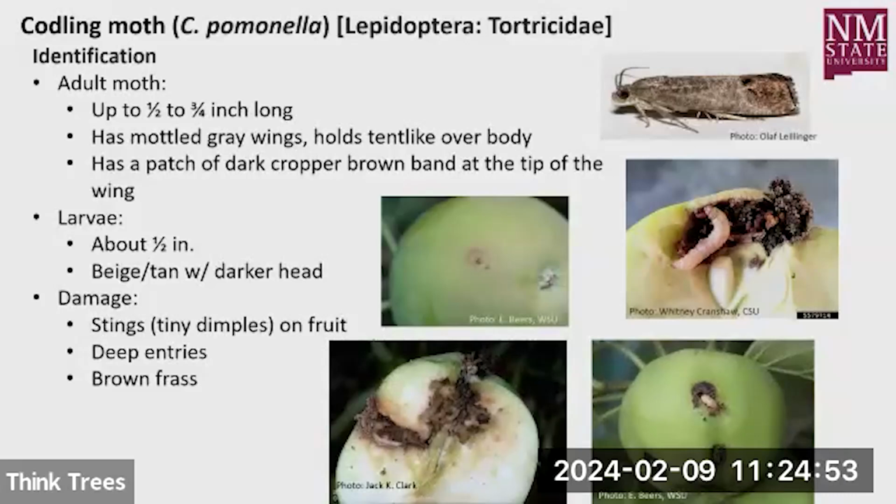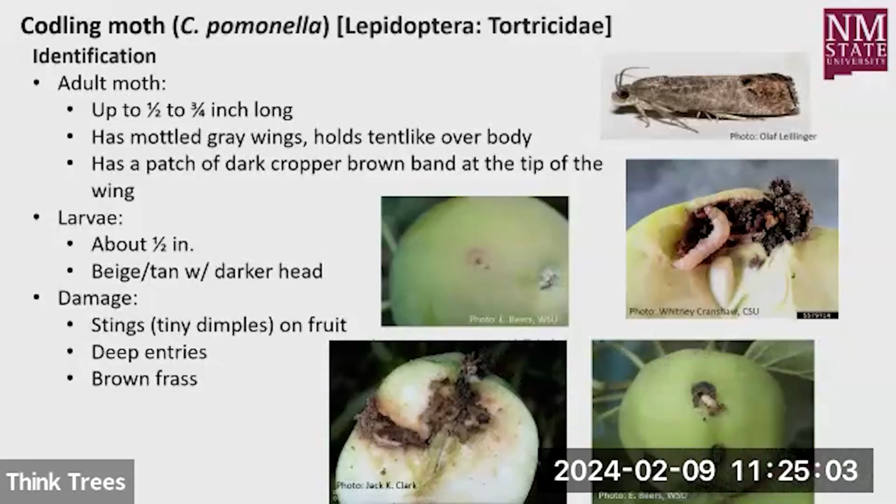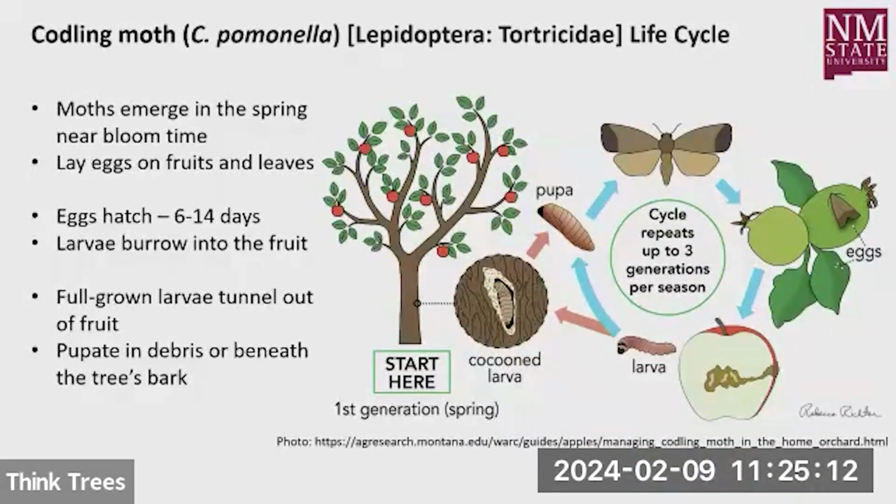Their damage is usually the thing that people send photos about or ask about. It's like these dimples on the fruits, and from their feeding they push out frass. Frass is the word for insect poop. These guys emerge in the spring near bloom time.